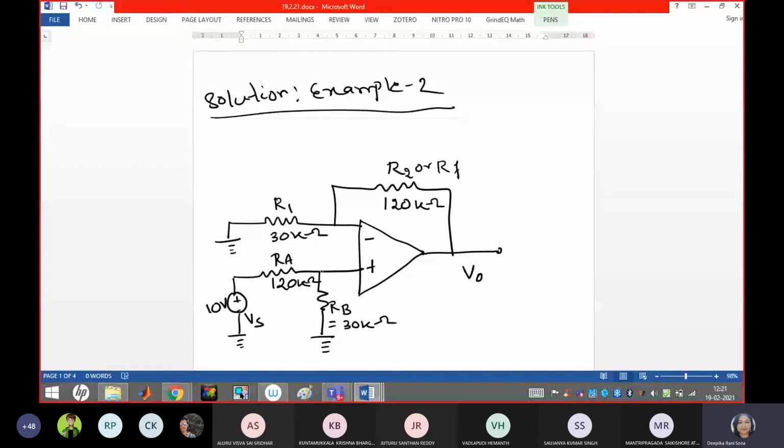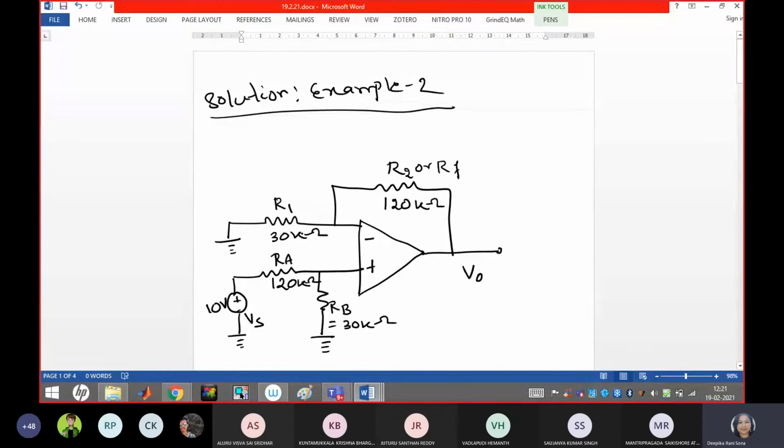It means we have to use this voltage divider network concept at the non-inverting amplifier, not at the inverting one. That was the hint from the question. Then R1 is 30 kilo ohm and R2 is 120 kilo ohm. So it was given in the question, sketch the circuit and produce the amplifying output voltage.